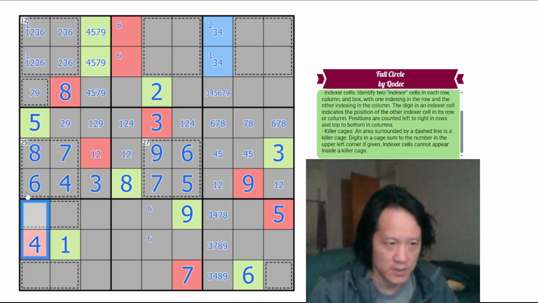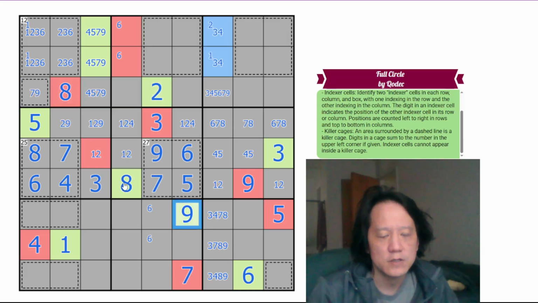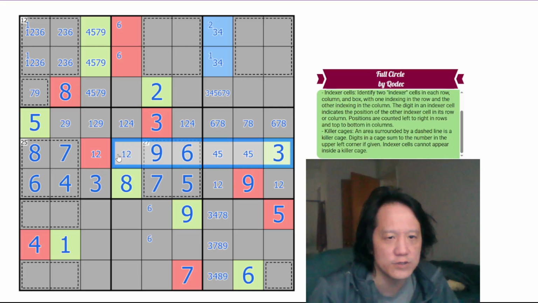This is saying the other index is in position 4 in the column, position 5 in the row, position 3 in the column, position 2 in the row, which it is. This is saying position 8 in the row, which it is, position 9 in the column, position 6 in the row, position 7 in the column, position 9 in the row, position 5 in the column, position 3 in the row. And we don't know what else there is.